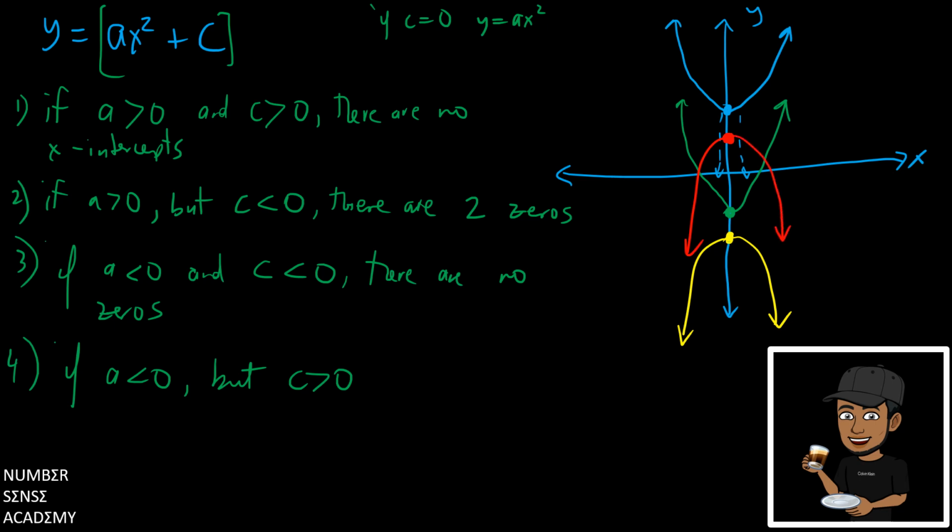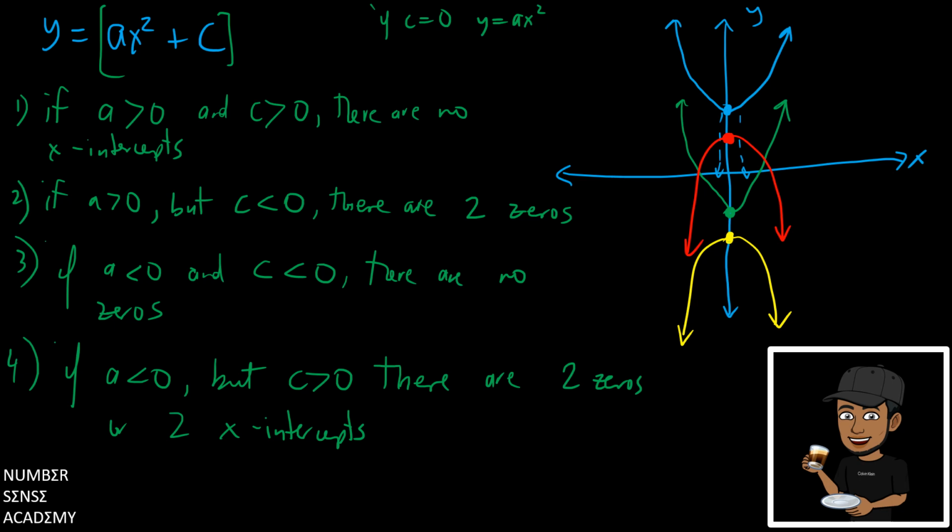Okay, then there are two zeros, or two x-intercepts.